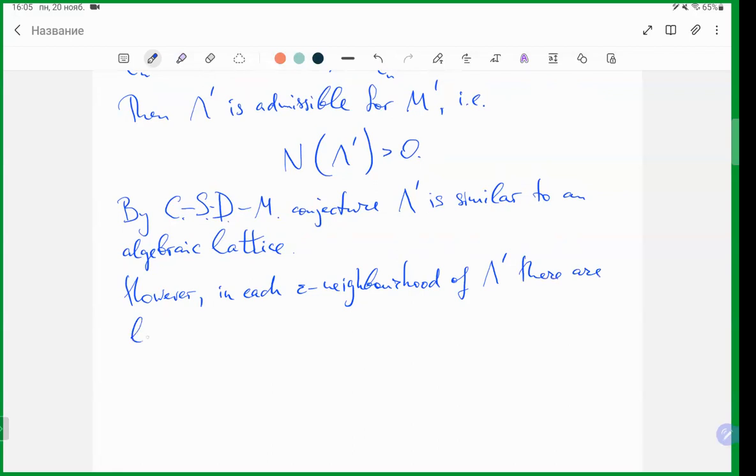Here are lattices D_{t_n} lambda, right?